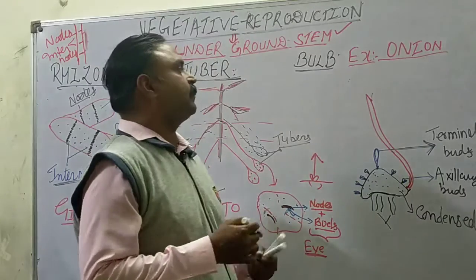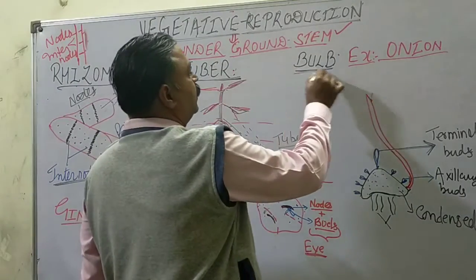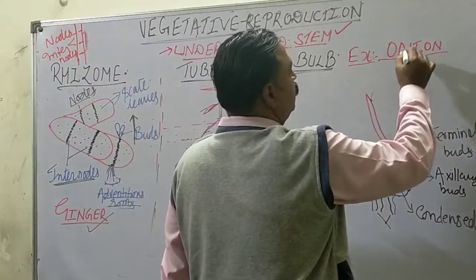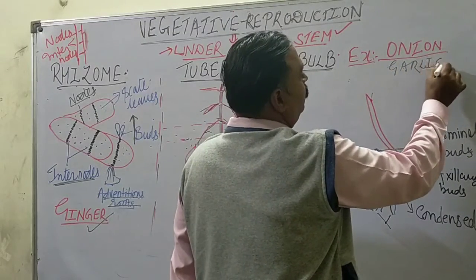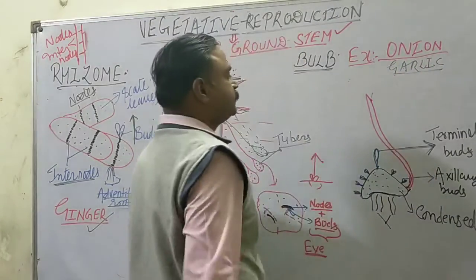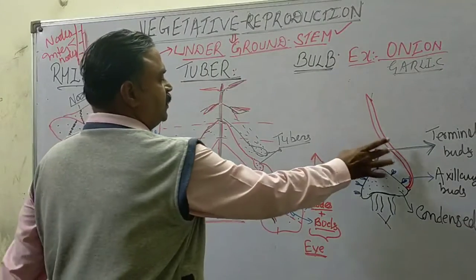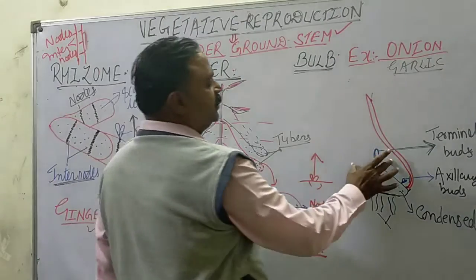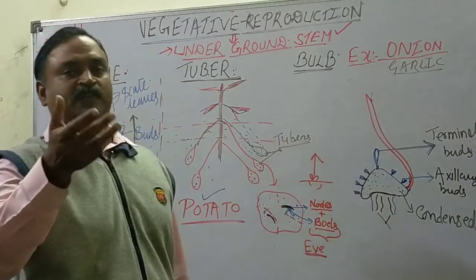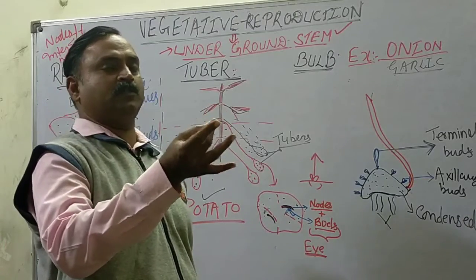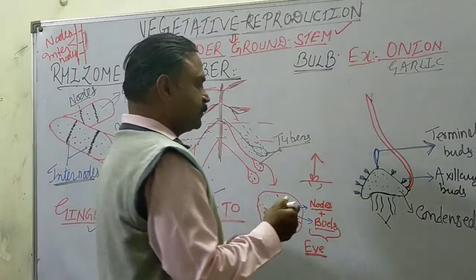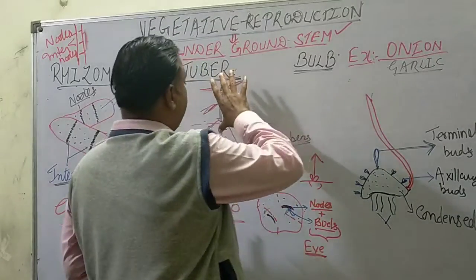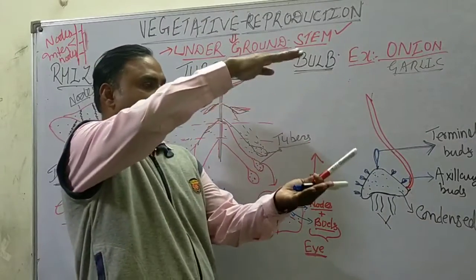The tuber's example is potato. Similarly, we have the next example, bulb. In bulb, the examples are onion, garlic, tulip, and so on. Now if the bulb is a stem, it should have the features of a stem like nodes, internodes, buds and roots. Let us see. In a bulb the stem becomes condensed.